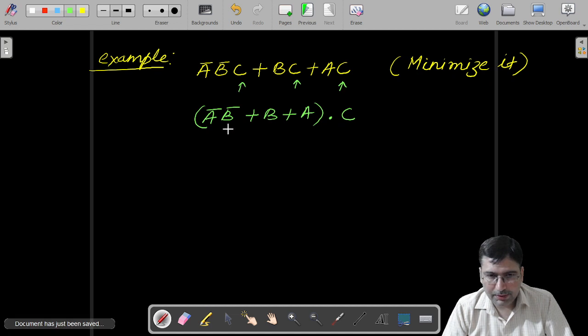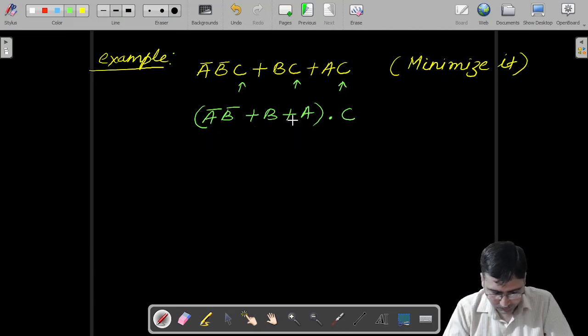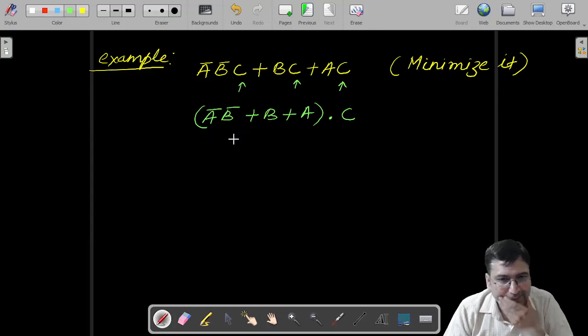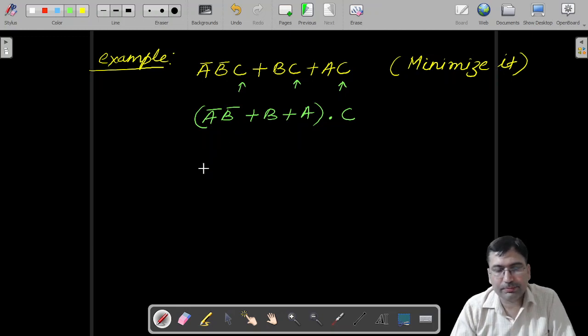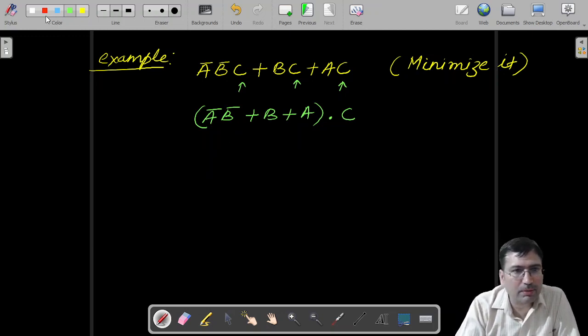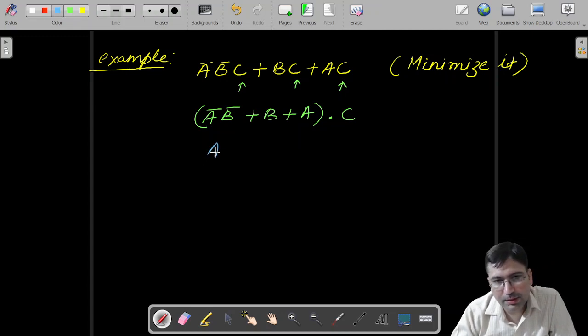Now once we have it, after that we try to minimize other things. What we can do here is distribute this particular term. Let's say I change the color. What I'm writing here is A bar or B, because there's an AND operator, so I'm applying AND.